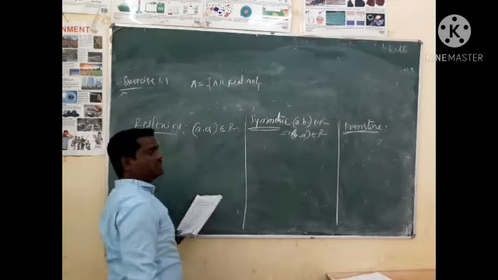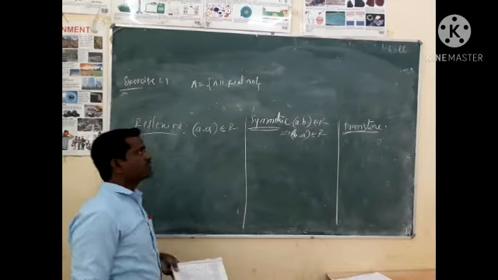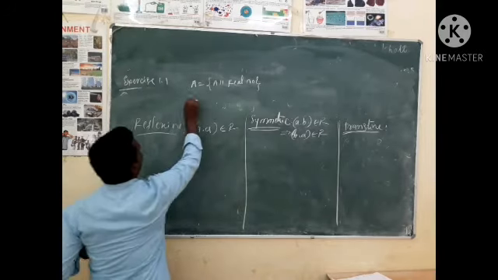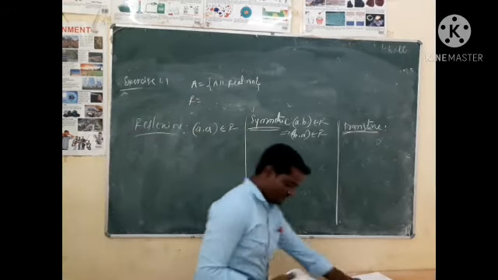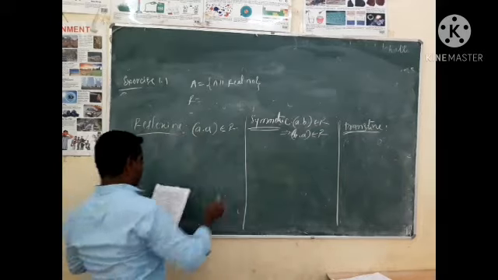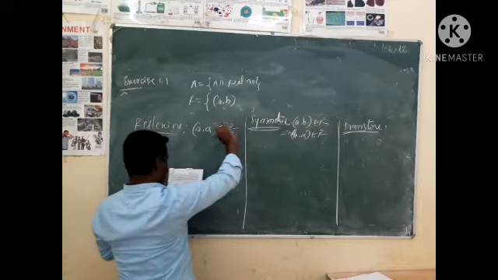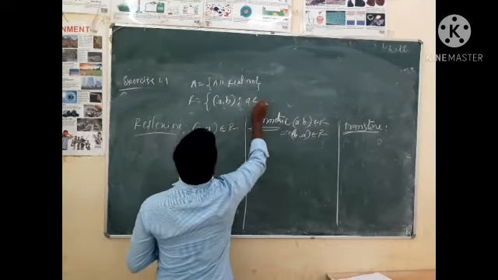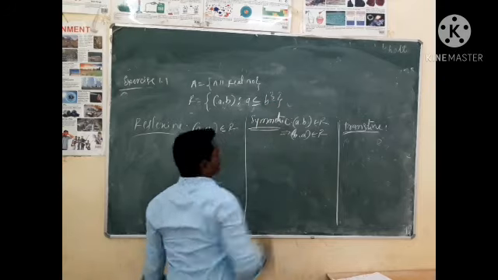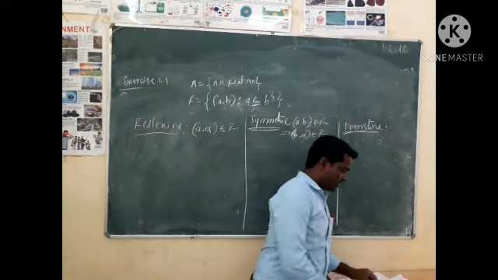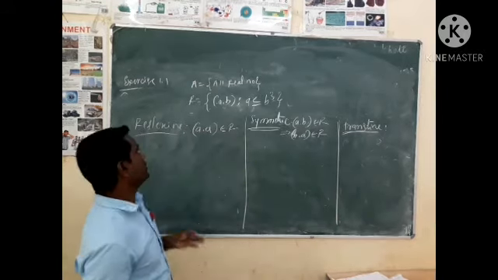It is not mentioned in the textbook, but you can understand that the set is all real numbers, and the relation is given: (a, b) such that a is less than or equal to b cube. The question is the same as the ones we already answered above.